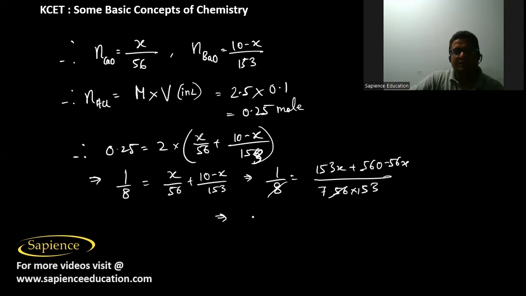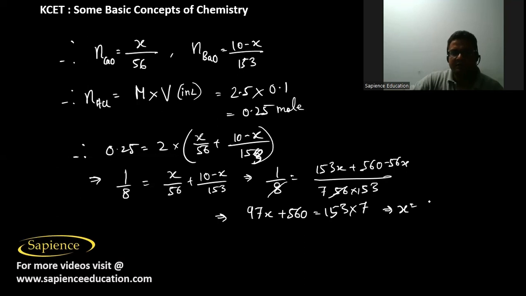That is 97x plus 560, which is equal to 153 into 7. So therefore, x will be equal to 153 into 7 minus 560, divided by 97.